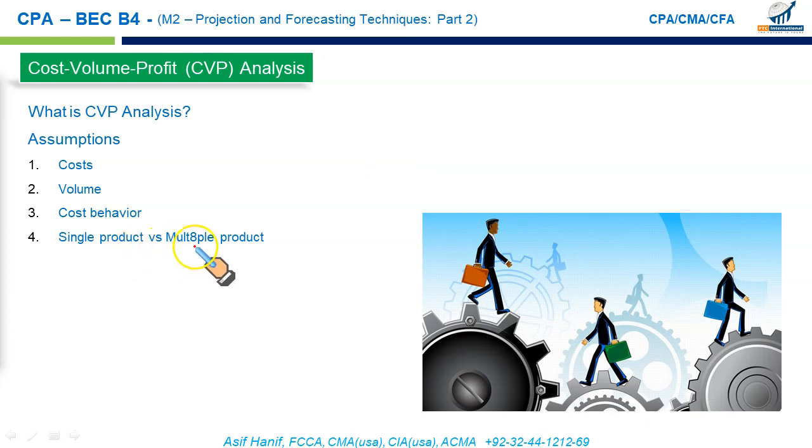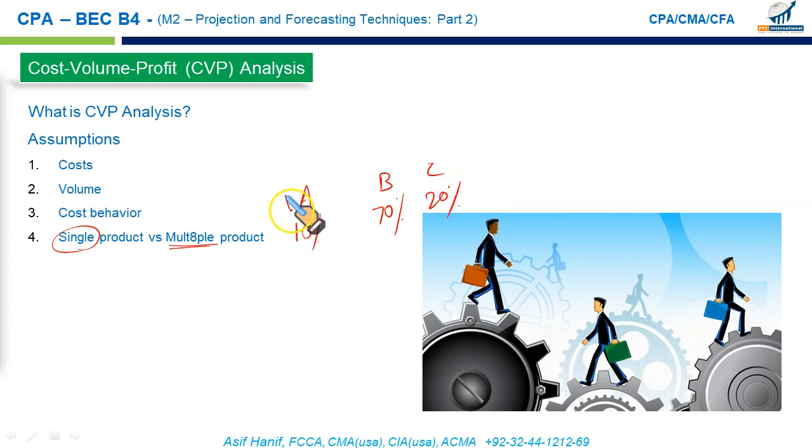Single product versus multiple product. This is an important assumption here. The company either sells a single product, or if it sells multiple products, the product mix A, B, C. Let's say if A accounts for 10% of your volume, B accounts for 70% of your volume, then C must be 20%.